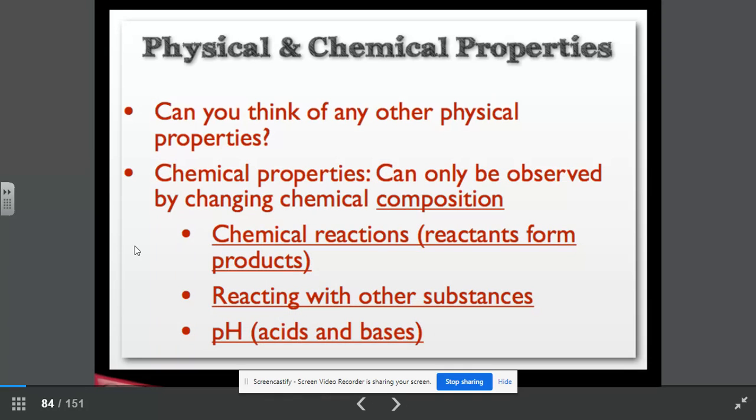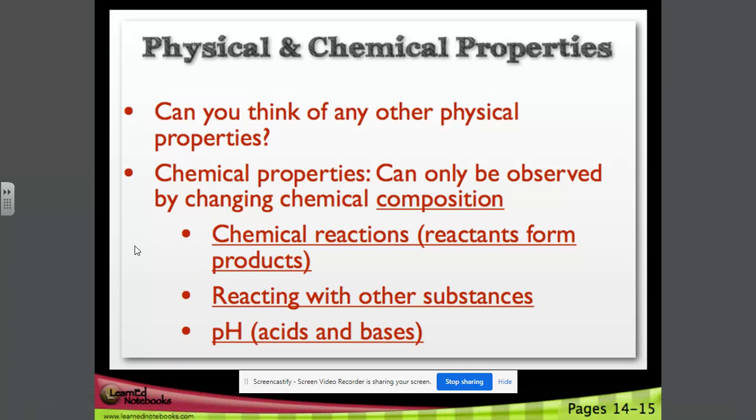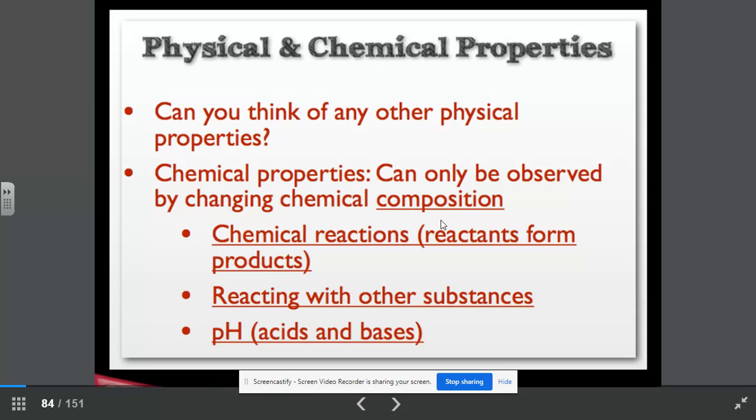Now let's talk about chemical properties. These can only be observed by changing the chemical composition. Chemical reactions occur. That means reactants form products. They react with other substances, and the pH will change.